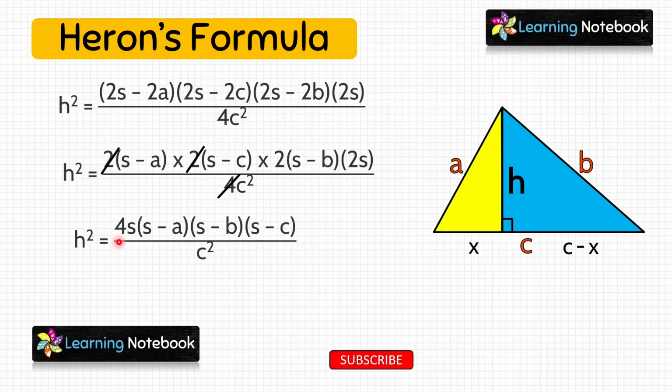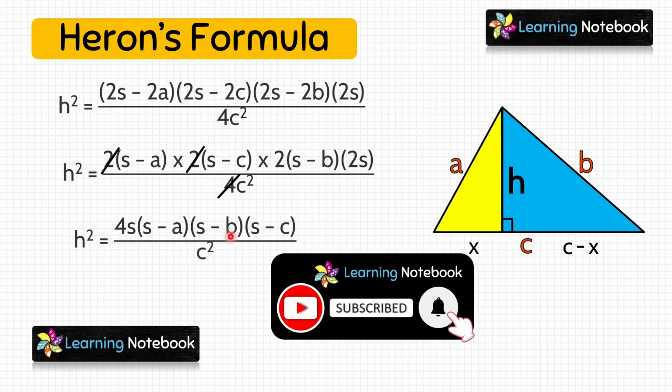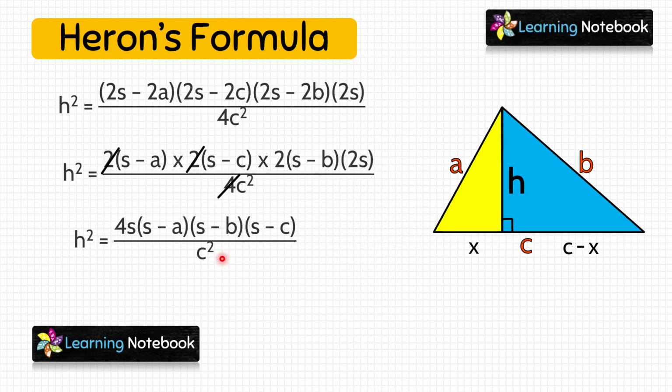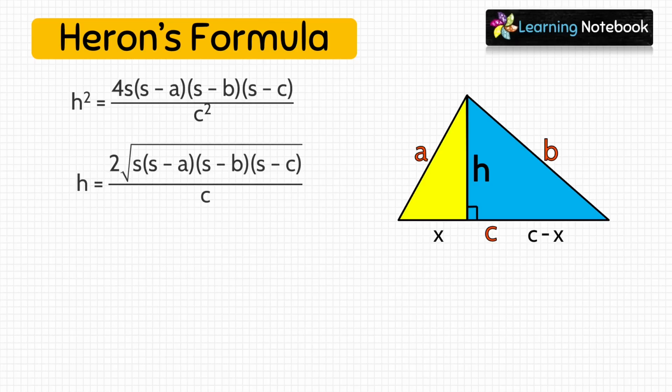We get 4s into (s minus a) into (s minus b) into (s minus c) upon c square. So students, let's take the square root and we get the value of h. So now we have the value of h only in terms of a, b and c.